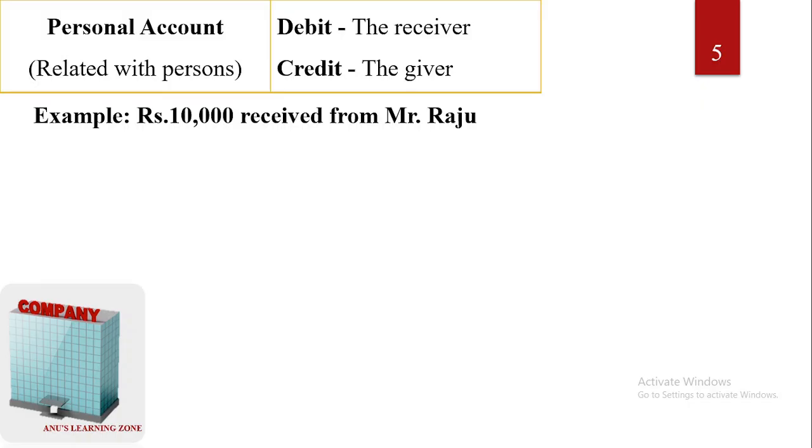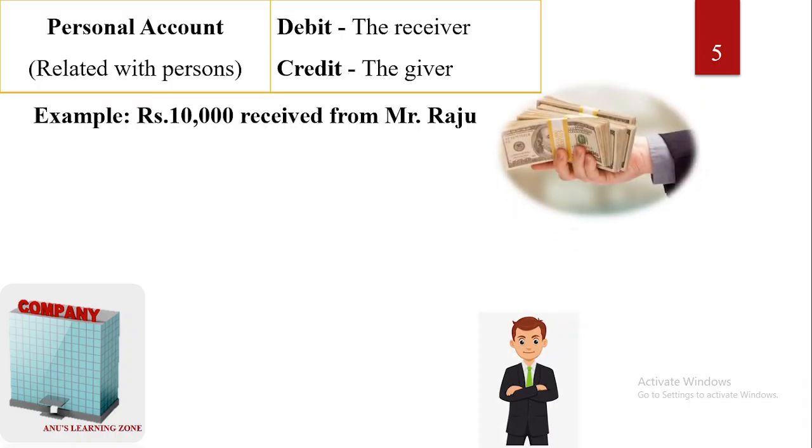From this given transaction we have to identify the two accounts. The first account will be Mr. Raju's account and the second will be the cash account. Mr. Raju's account can be considered a personal account because he is an individual, a person. Cash account is an asset to the business, so it belongs to a real account.